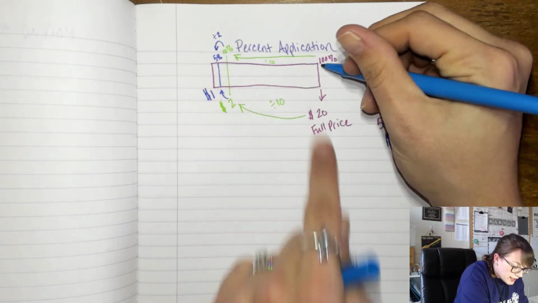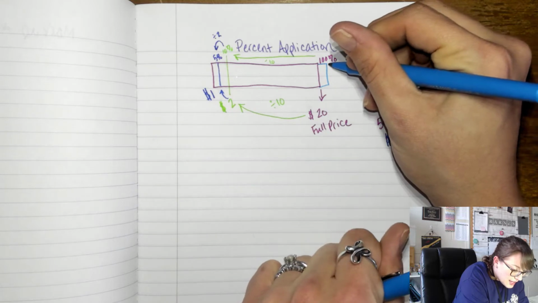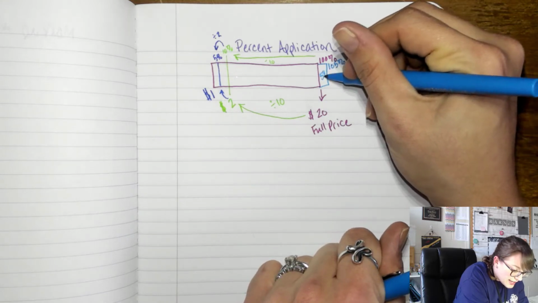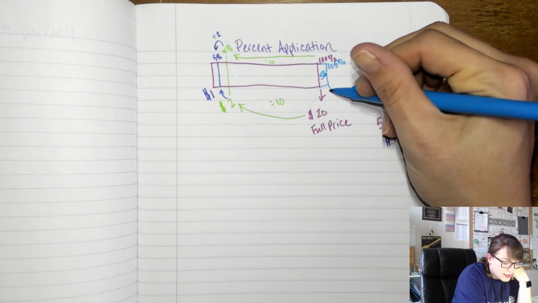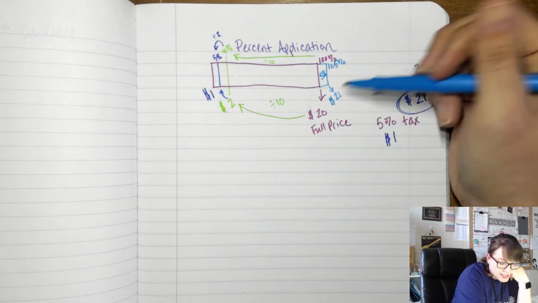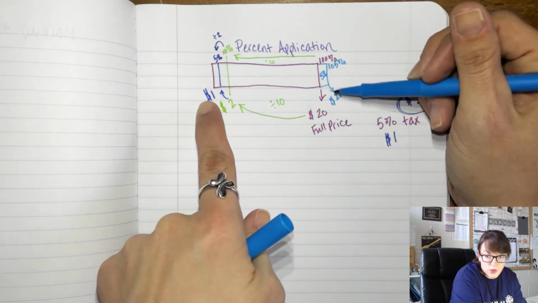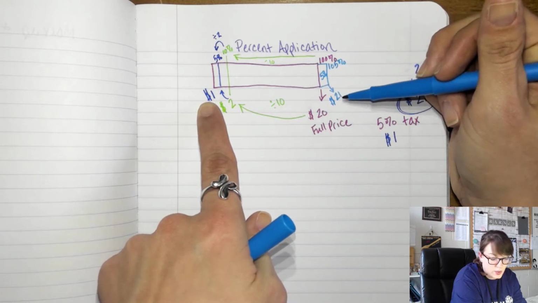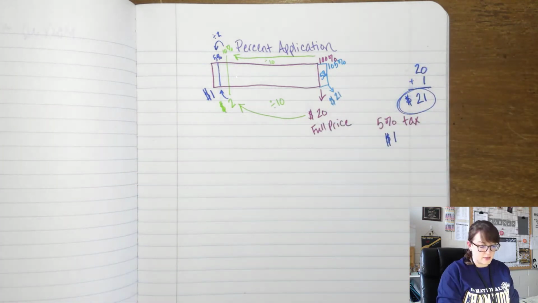If I take this chunk and I add it to the end of the percent, and I make this 105%, because this is 5% tax that I'm adding to the original price, then this would represent $21. Because I've added the 5%, which I know is 1, and so 20 plus 1 is 21. 105% of the price is $21. This is all kind of a mental math kind of idea.